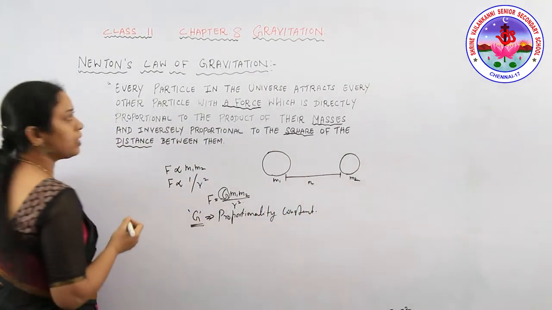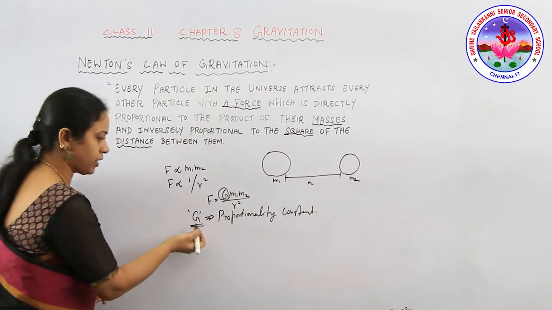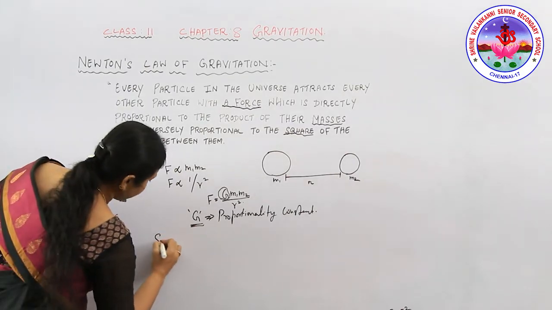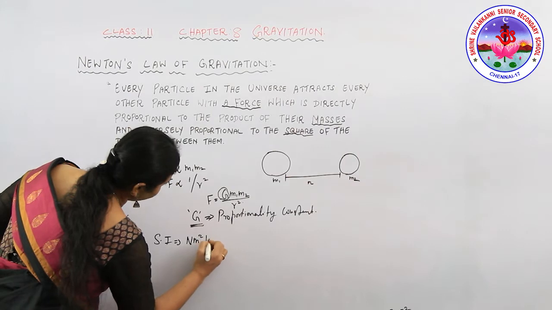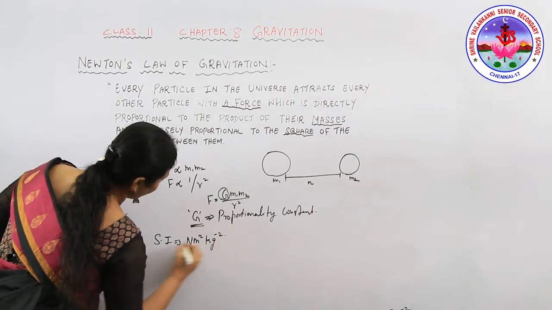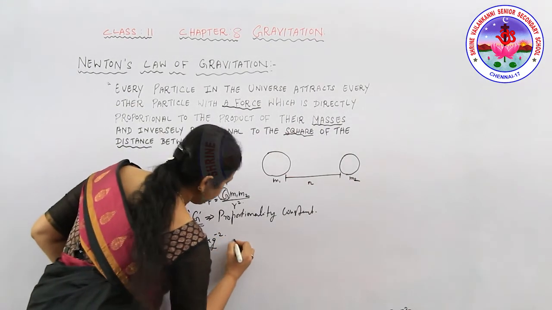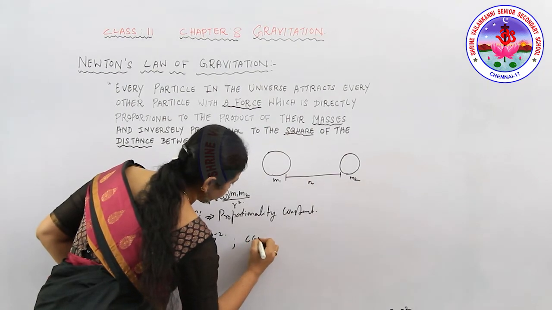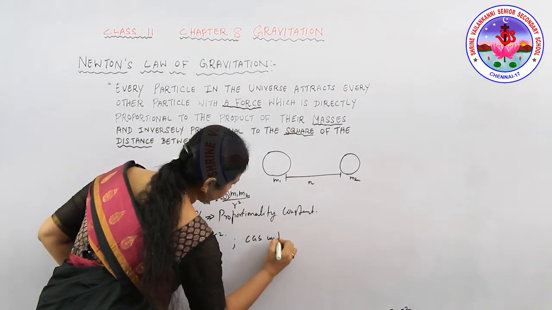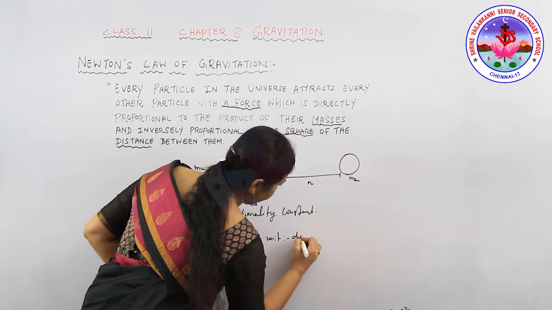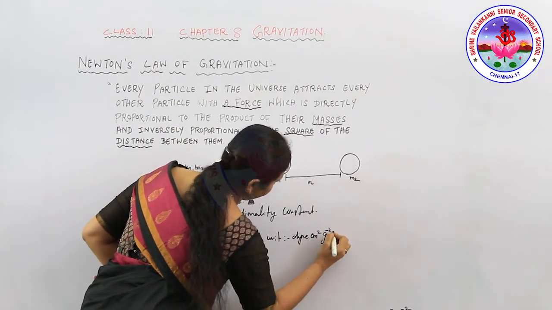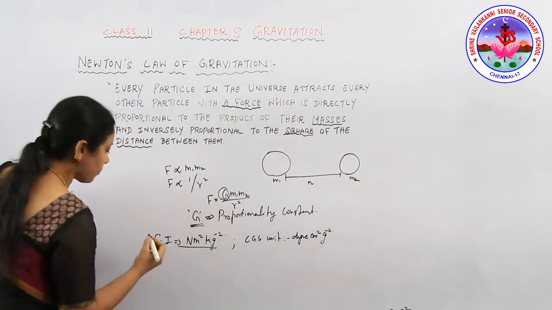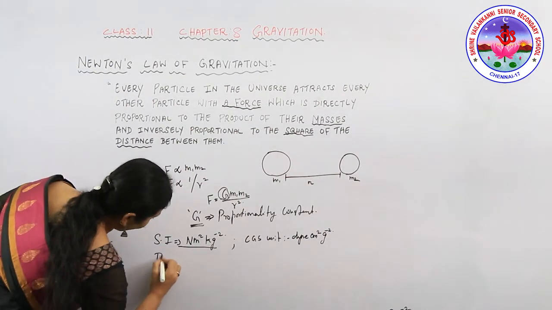G is the proportionality constant and the SI unit is Newton meter square kilogram power minus 2, and the CGS unit is dyne centimeter square gram power minus 2.